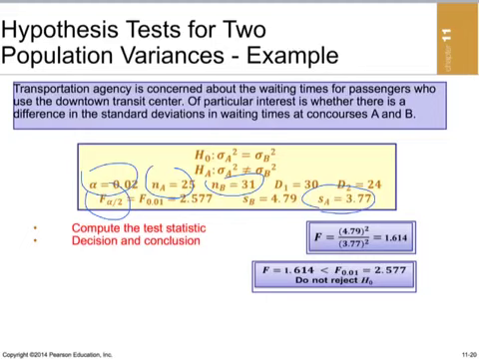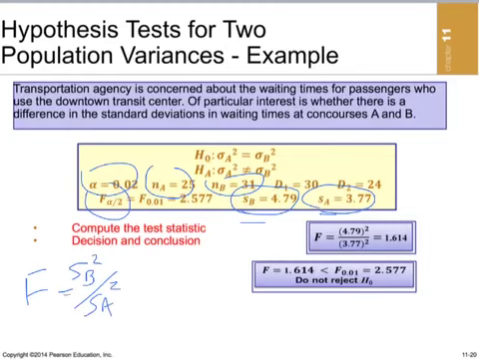For concourse A, the sample standard deviation is 3.77. Concourse B is 4.79. So because SB is larger than SA, our ratio will end up being F = SB squared over SA squared.